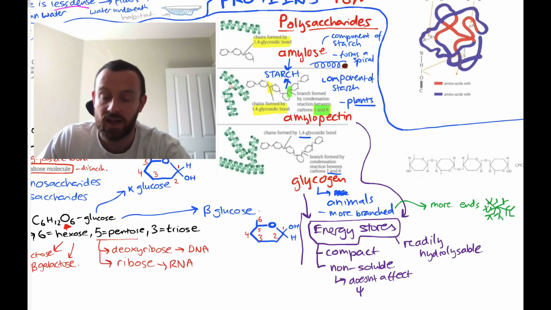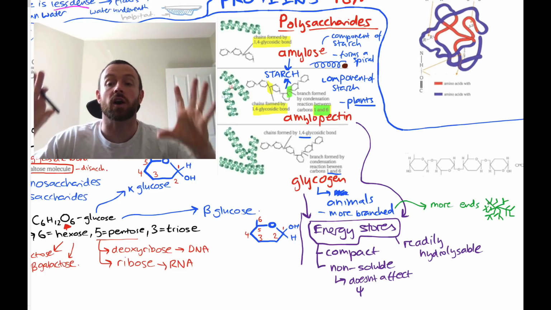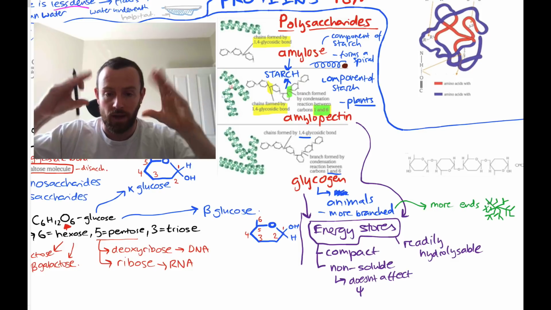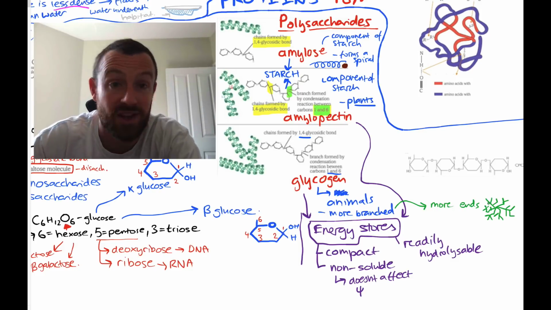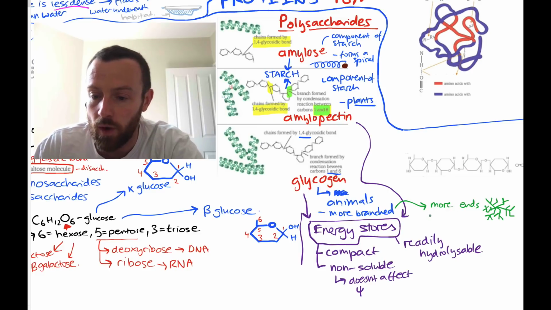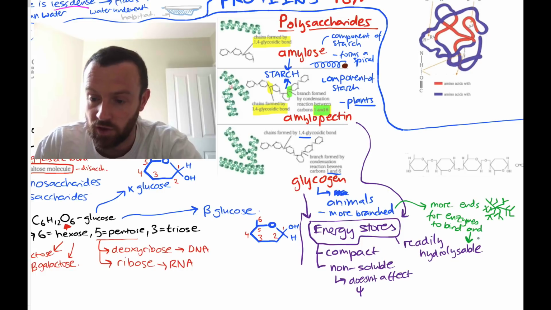Each of these ends is where an enzyme can bind and start chomping a bit like Pac-Man down the chain, liberating those alpha glucose molecules. So more ends for enzymes to bind and then do the hydrolysis.